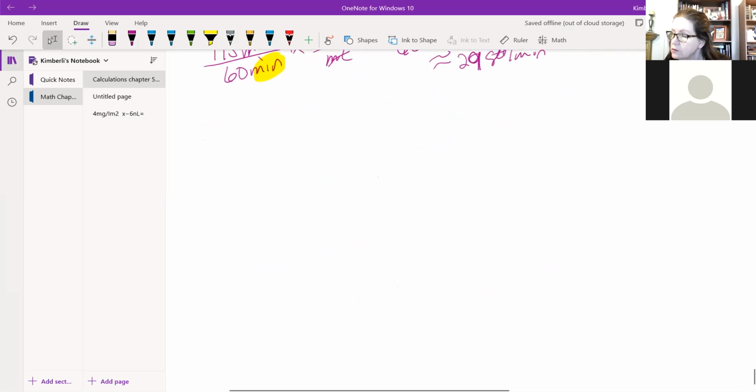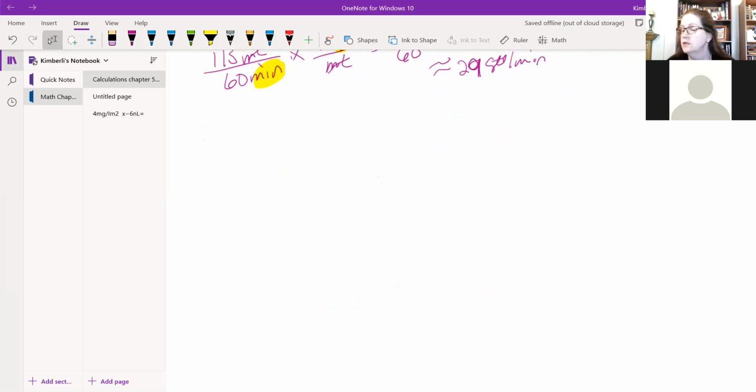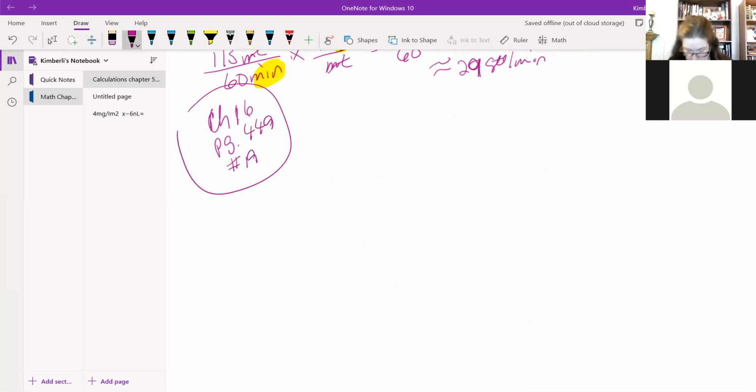Okay, so this is the post-test for chapter 16. So we're on page 449, number 19. It says the following solutions are ordered for a TPN.